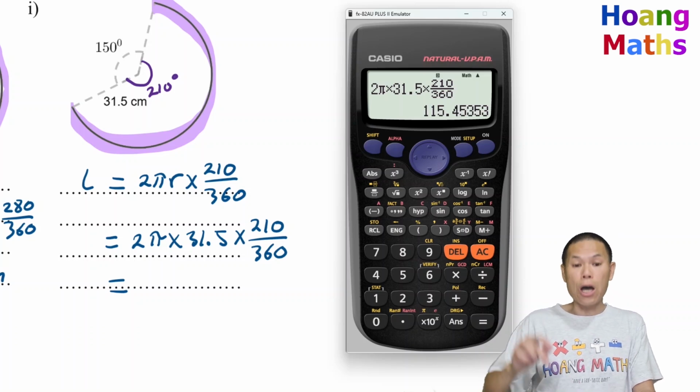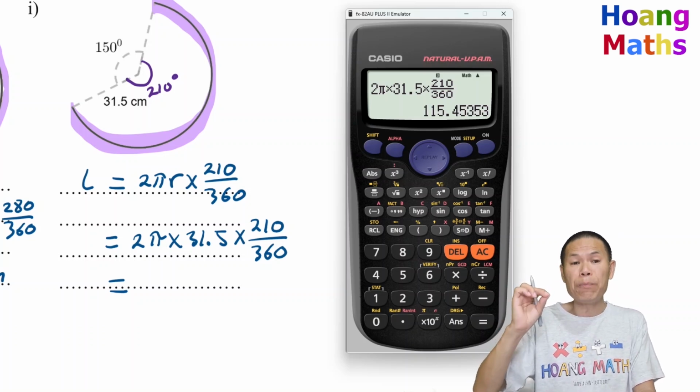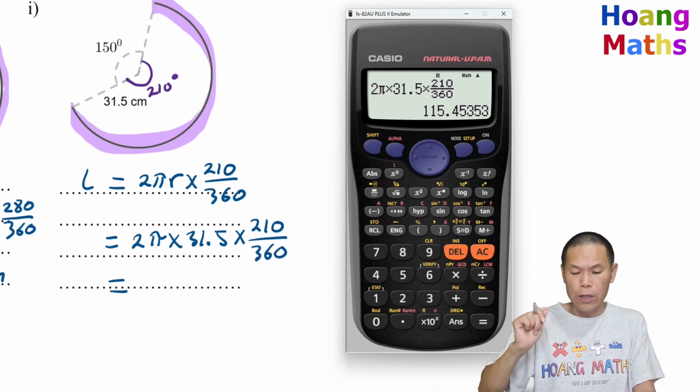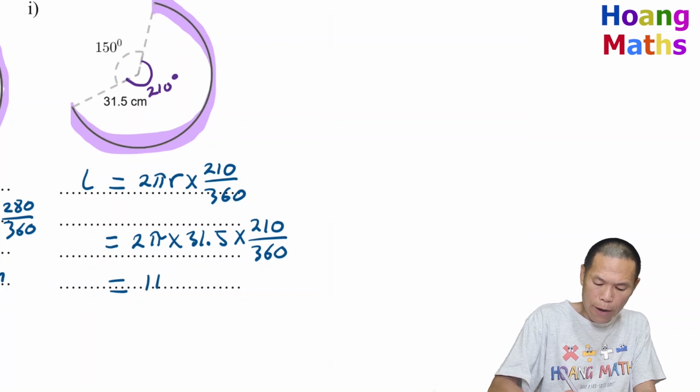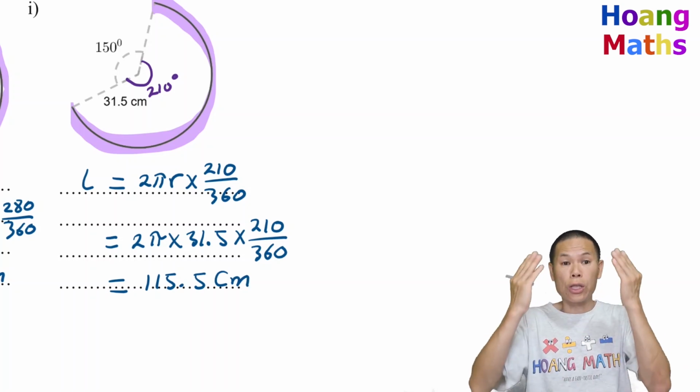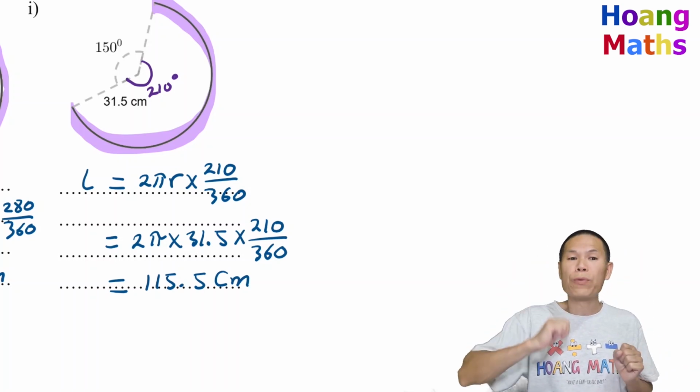So there you go, 115.45. So 115.5 centimeters. So there you go. I hope you got all of them correct.